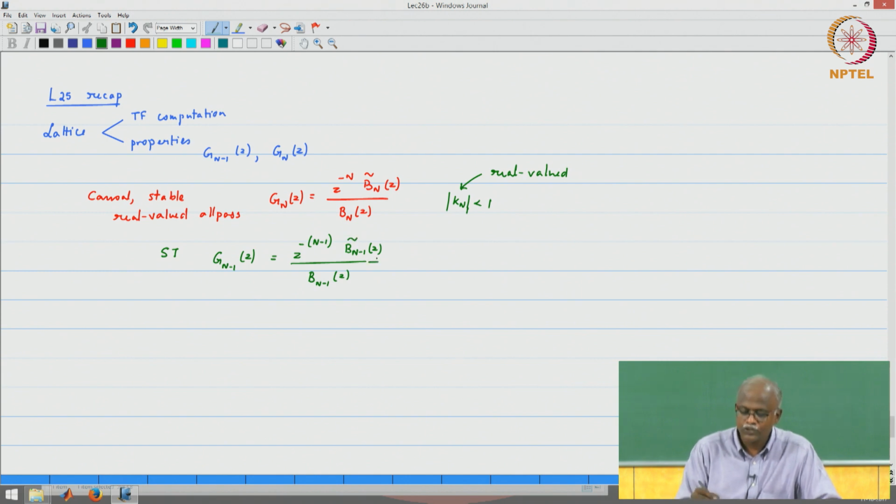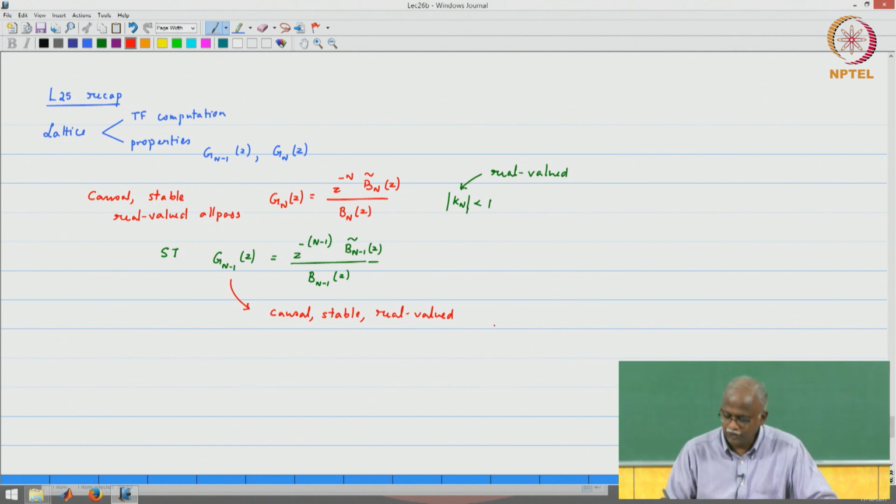So this is also an all pass, and the claim is that this all pass function is causal, stable, and real valued, meaning with real valued coefficients.